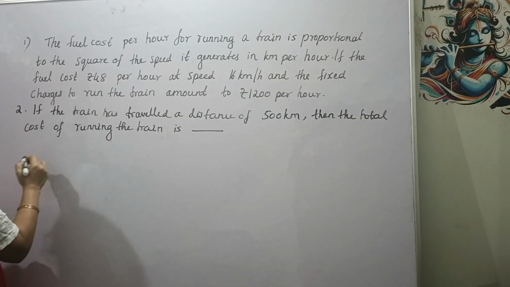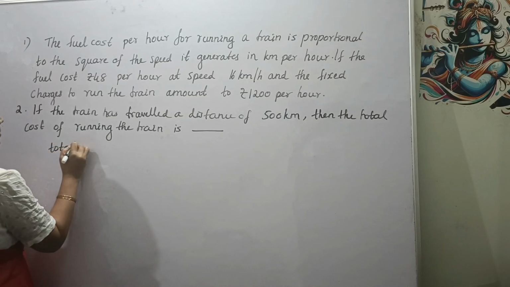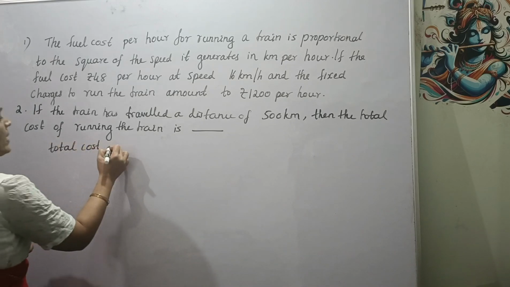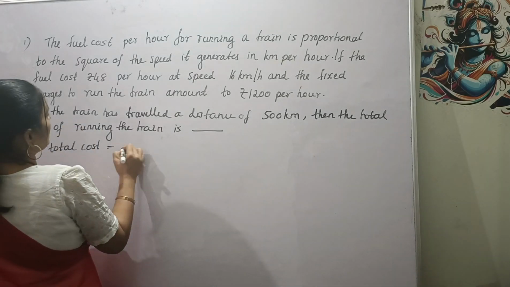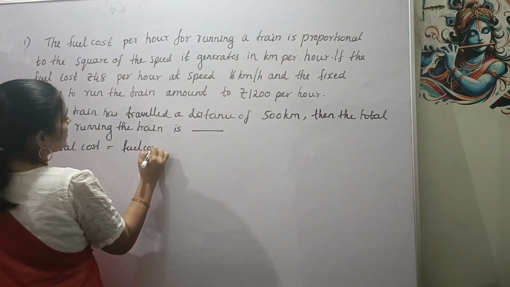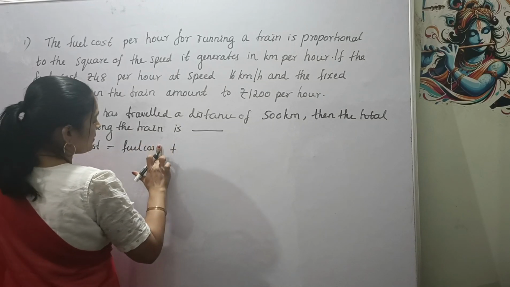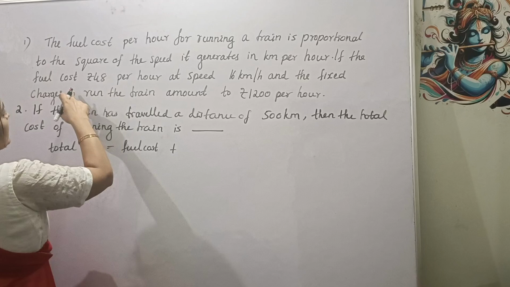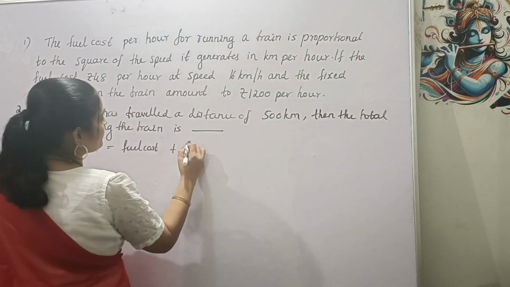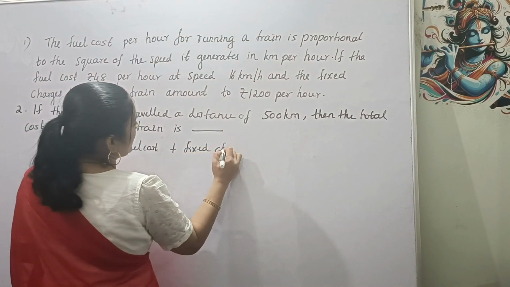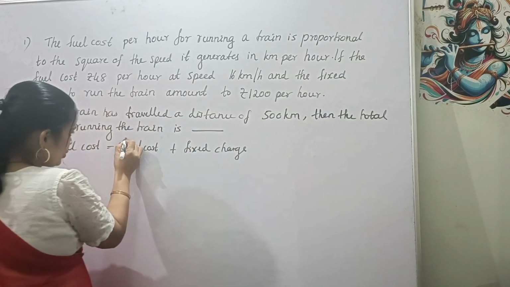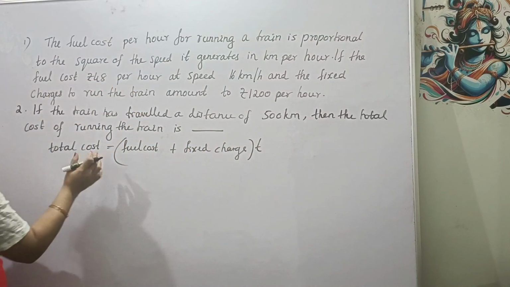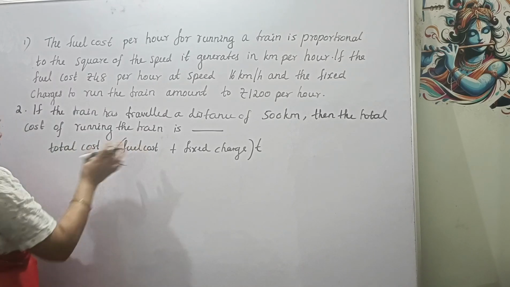So here we know that the total cost of running the train is equal to fuel cost plus fixed charges into time.